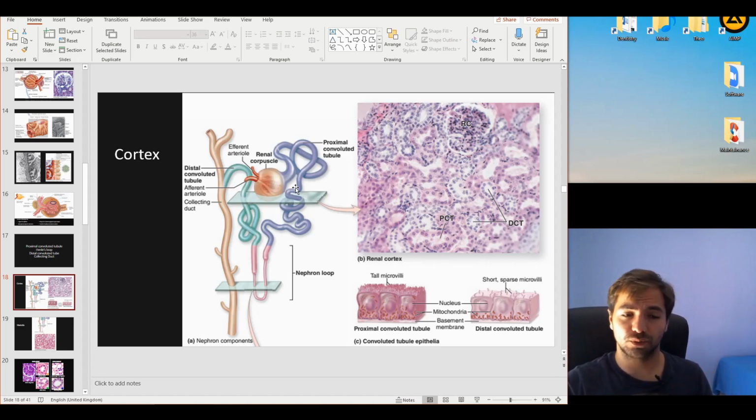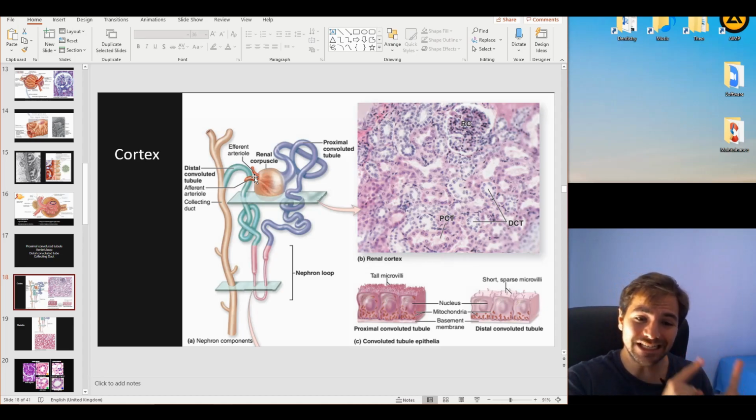And of course, one more segment is going to be the distal convoluted tubule that passes again closer to the renal corpuscle. Now, the term macula densa that you saw before is in fact a part of the distal convoluted tubule. That's why I didn't discuss it before, and I'm waiting for this segment to actually discuss it.